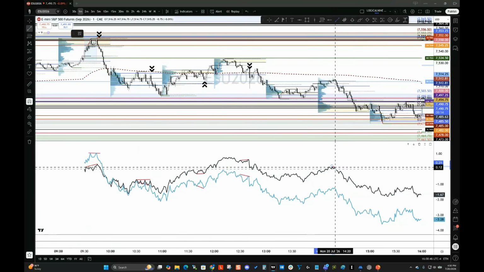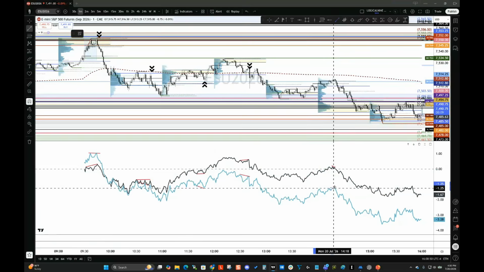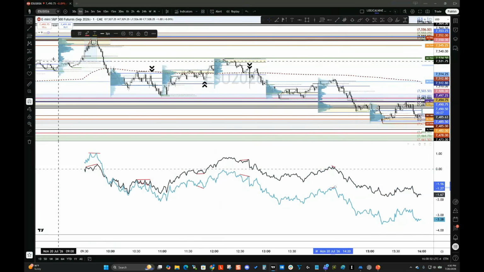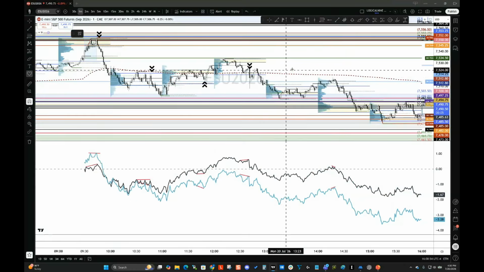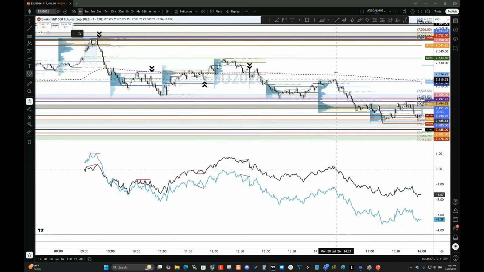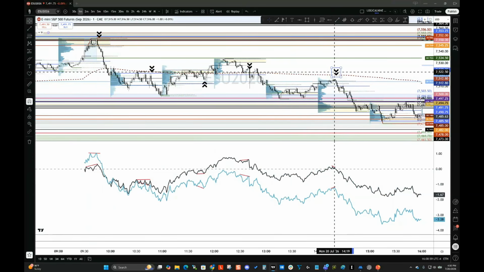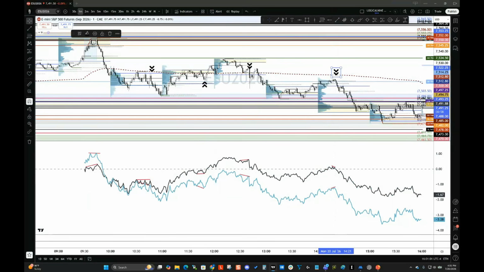It's a very, very small one. Very difficult to see, honestly. And lastly, we have a bullish divergence at about 15:20.